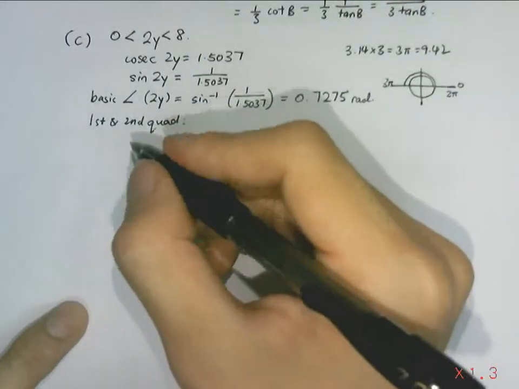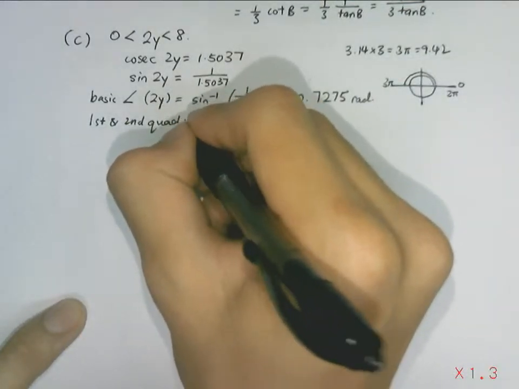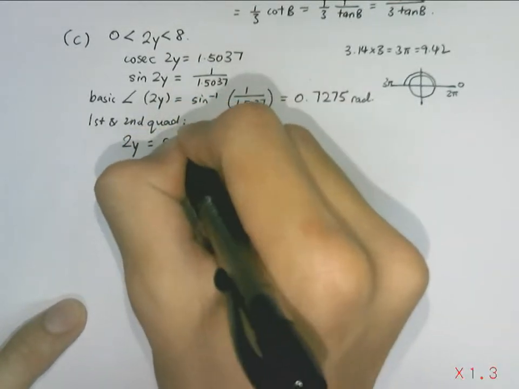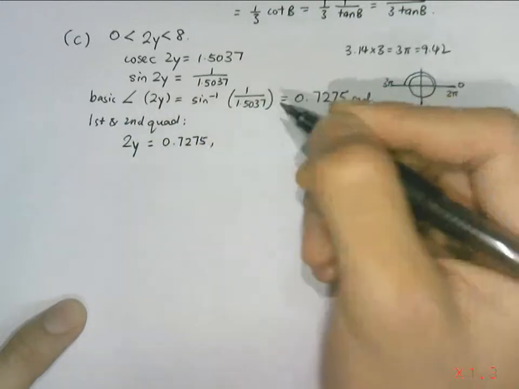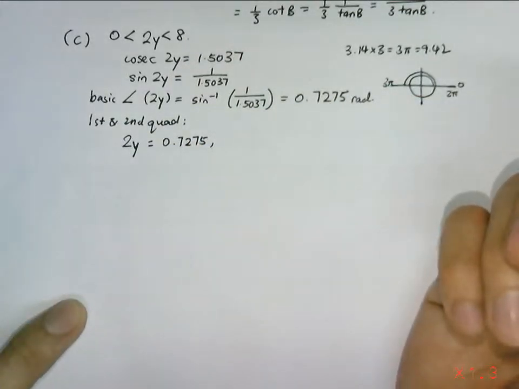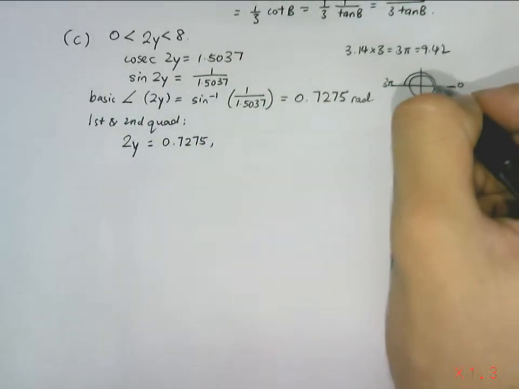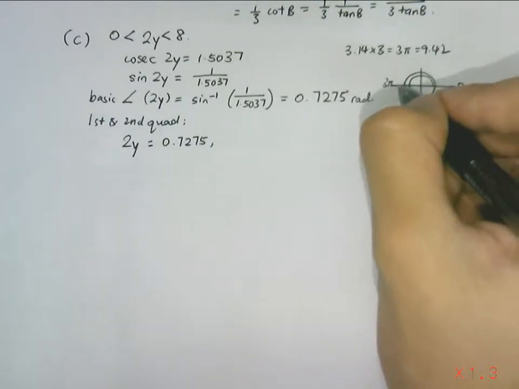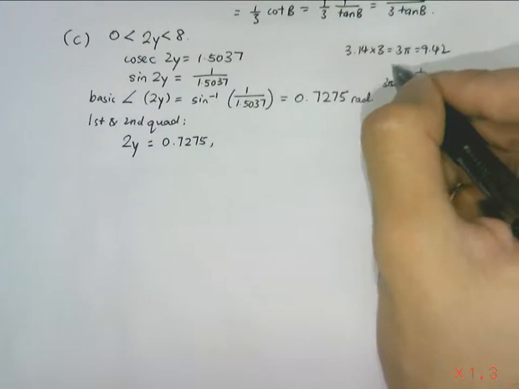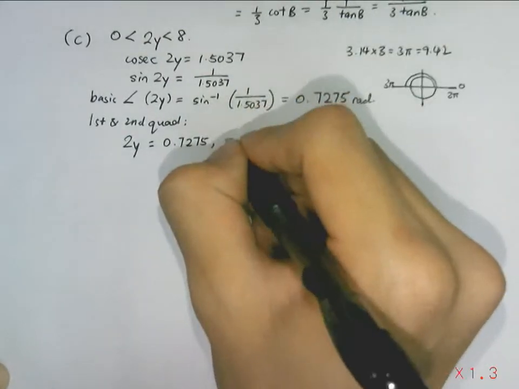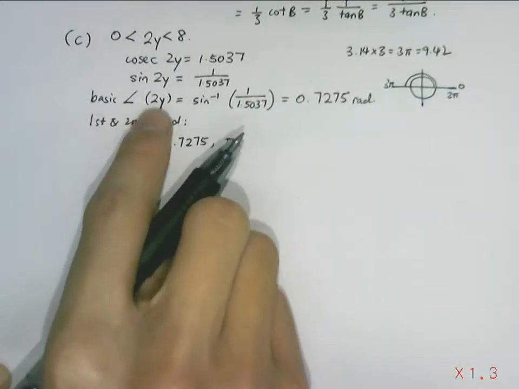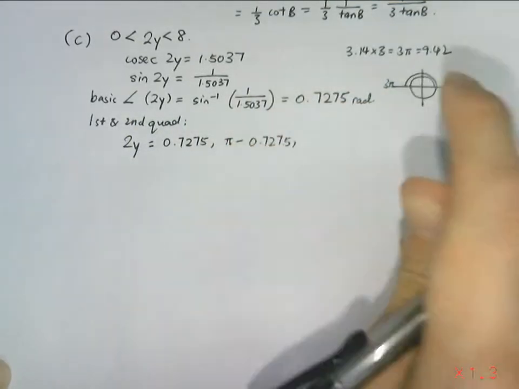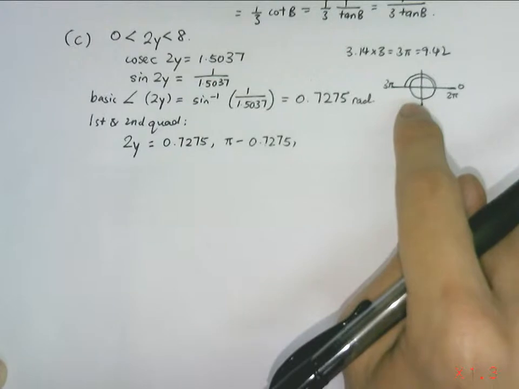The first and second quadrant answers: my 2y would be the first quadrant 0.7275. The second quadrant, which is 0 to pi, so the second quadrant answer will be pi minus the basic angle, the acute angle, so pi minus 0.7275. The third quadrant is not what we want, and neither is the fourth quadrant.